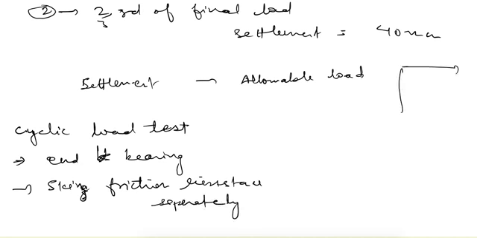The plot will be something like this. We are applying the load and we are getting the settlement. So here we can only obtain the overall allowable load or overall ultimate load for the pile.